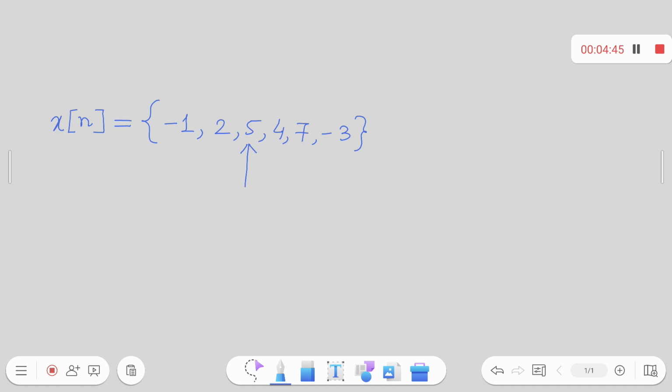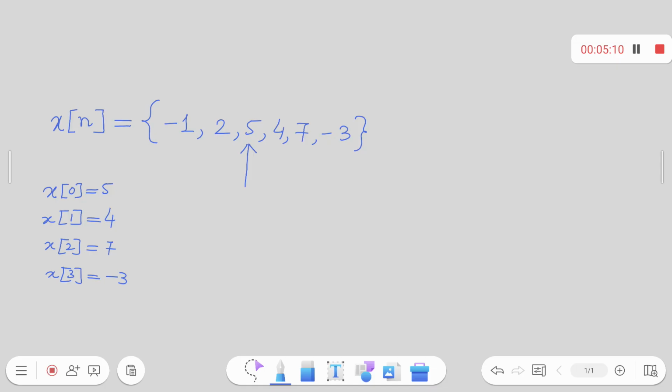So what can I write? x of 0 is equal to 5. x of 1 is how much? 4. x of 2 is equal to 7, x of 3 is equal to minus 3. And what else?